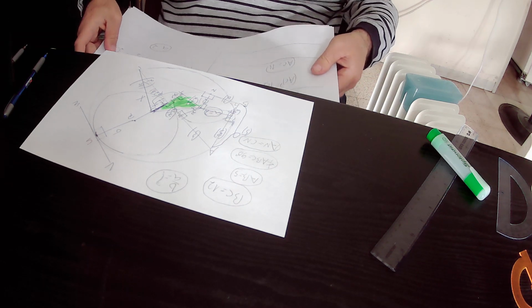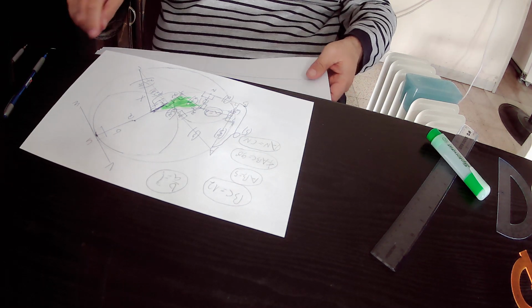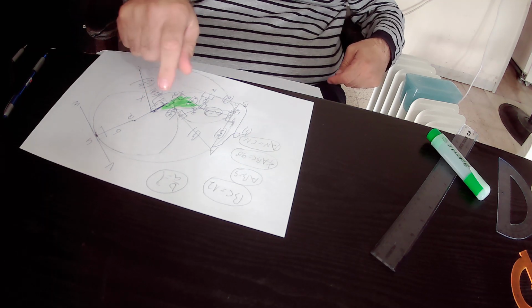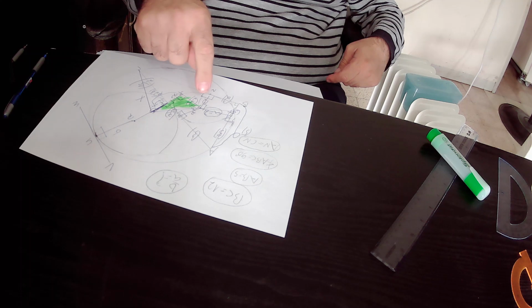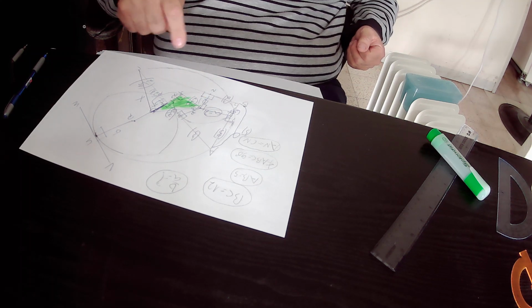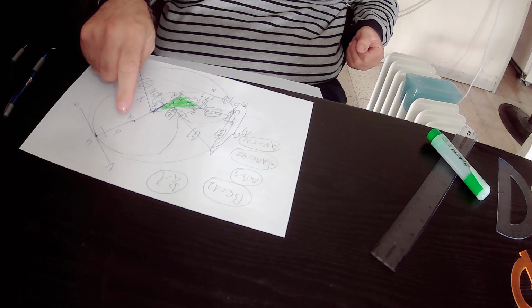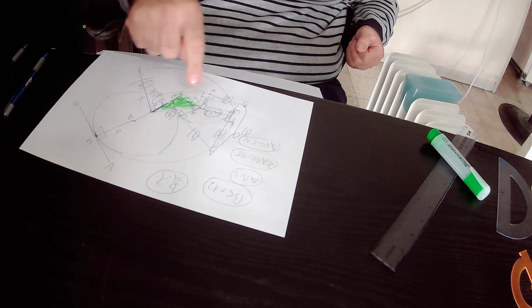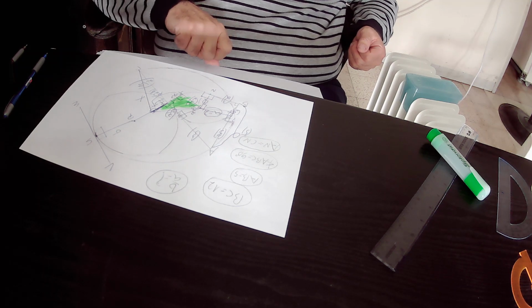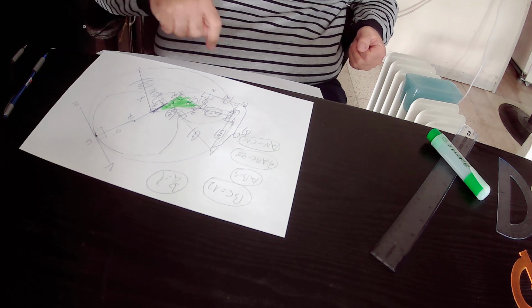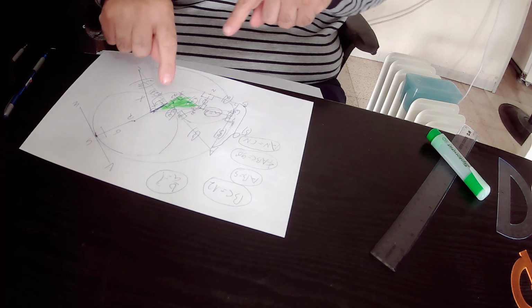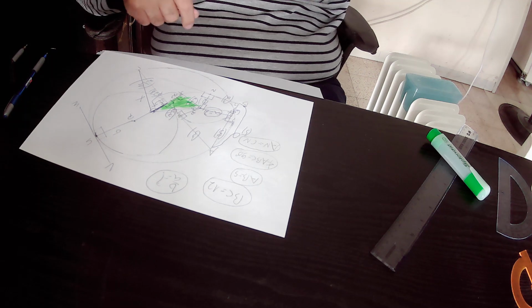In this lecture, I found out the ratio between the radius of this circle and the radius of this circle. That is to say, the ratio of b, that is the radius of this circle, over a, that is the radius of this circle. It is given in the question that we have this big circle, inside this big circle we have two smaller circles.